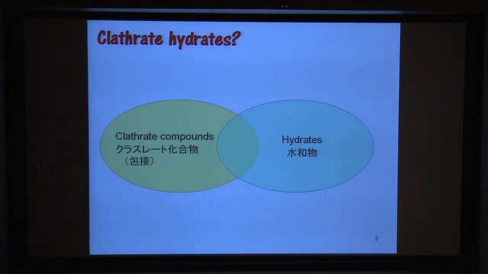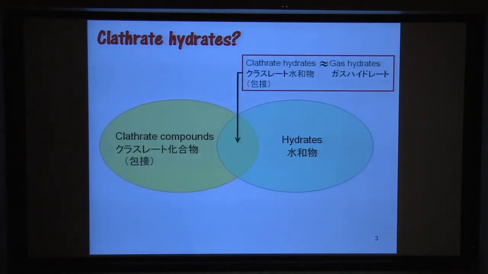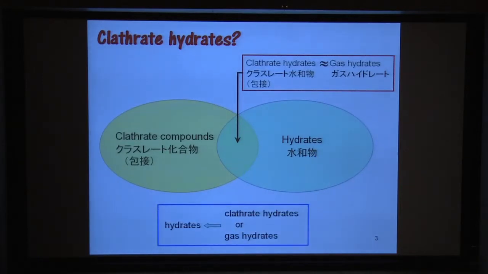But we also have the hydrate on the other hand. This is also a compound of water and other matter. And there is this overlapping area. That is where we call the clathrate hydrates. The water molecules form the compounds, and oxygen or methane, the other matter, is added.